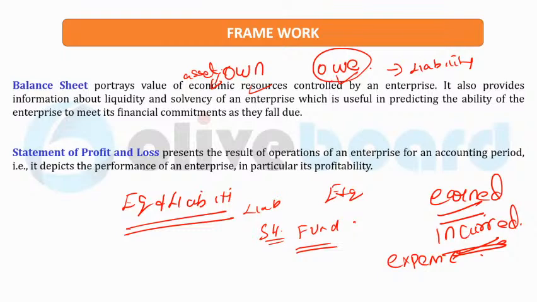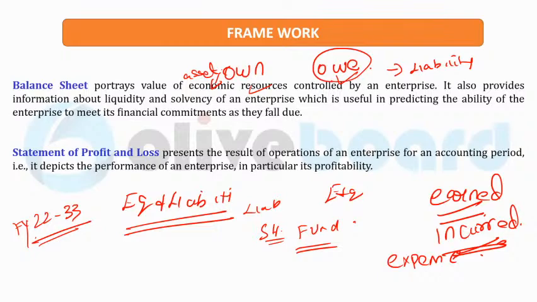Guys, if I prepare a P&L for 22 to 23, this is the financial year, correct? Whatever income I have earned during this period, I will take. Whatever expenses I have incurred during this period, I will take. This minus that will give me the profit I earned during this period. That's it. So this is my P&L.